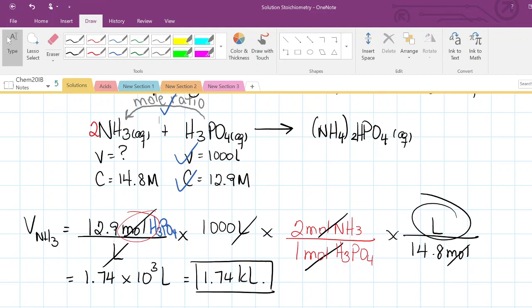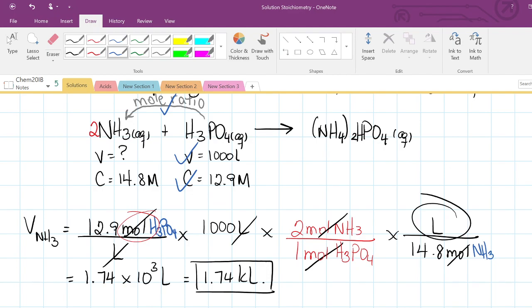I can flip-flop it however I need in order to get the unit I want and cancel the unit I want. So right now I've got moles of ammonia here. That means I need to have moles of ammonia underneath the division line. Remember that per is the same thing as a division line. So I'm going to put my liter on the top and I'll put my 14.8 moles of ammonia on the bottom.